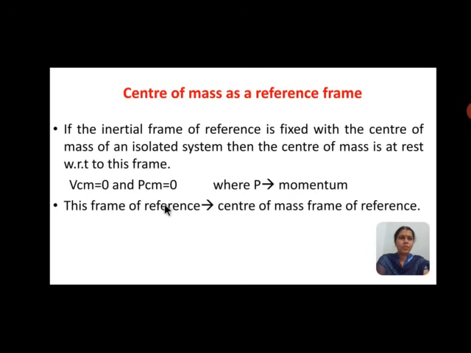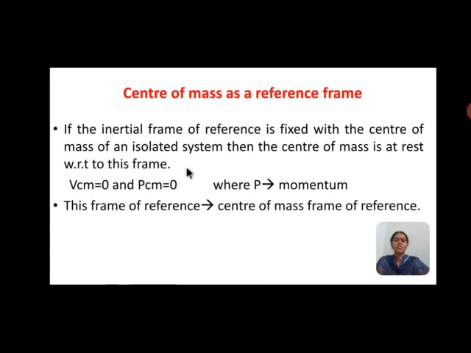Till now we learnt about the motion of the center of mass. Next is the center of mass as a reference frame. Suppose the inertial frame of reference remains fixed with the center of mass of an isolated system. Then the center of mass is at rest with respect to this frame, meaning with respect to the inertial frame of reference.